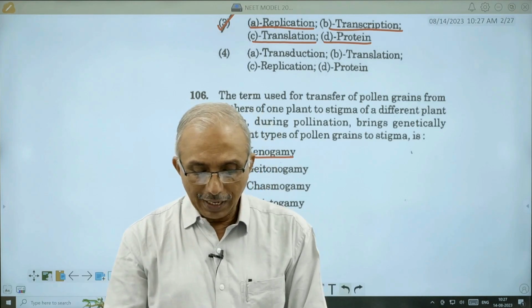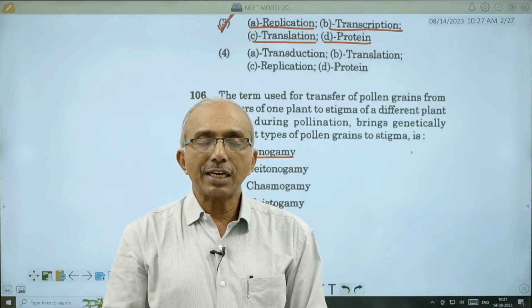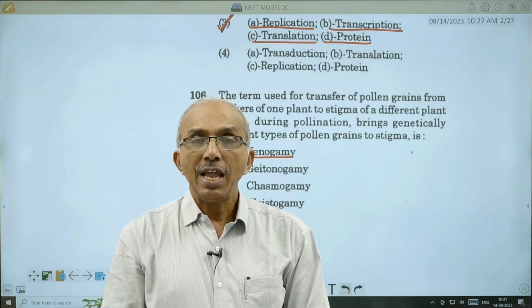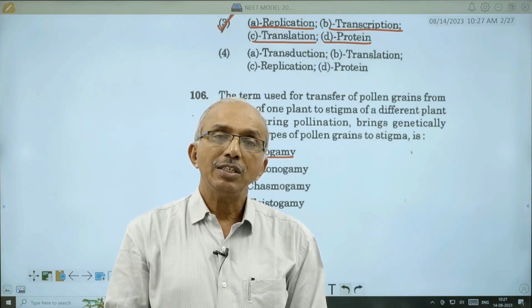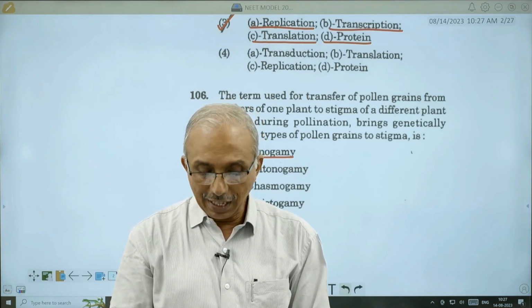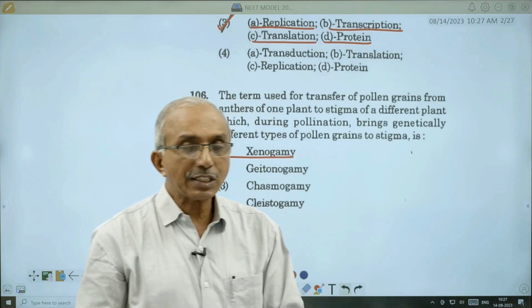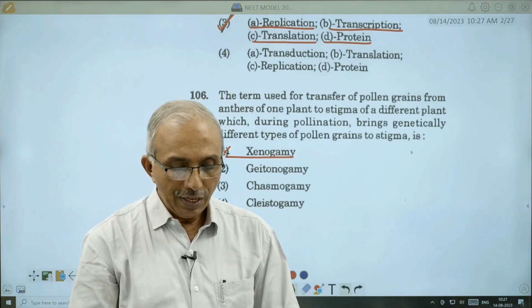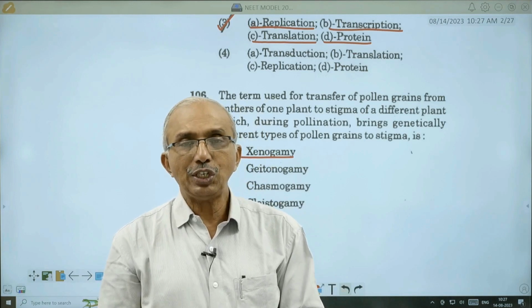Here, it is transfer of pollen grain from anther to stigma of a flower of another plant. Xenogamy is the true cross-pollination which brings about genetic variation.